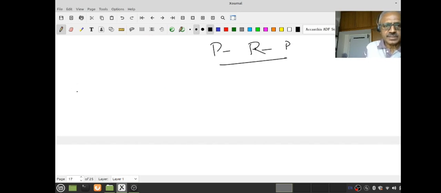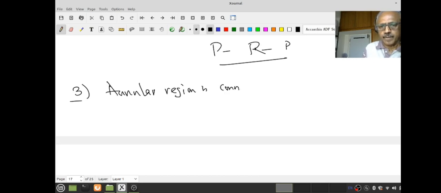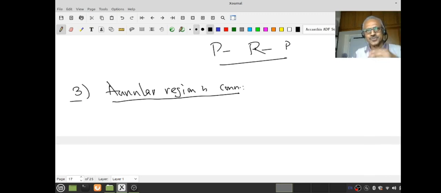So the third application is any annular region. If you are doing complex analysis, you will see all these things you would be using. The punctured plane is connected, the annular region is connected. You may or may not have seen a very rigorous proof. Now you are seeing all these proofs here.